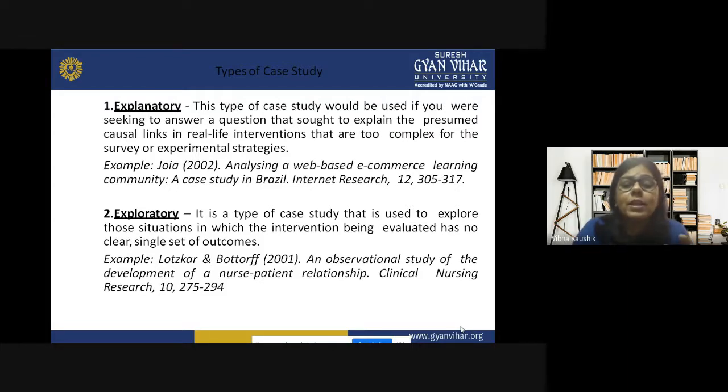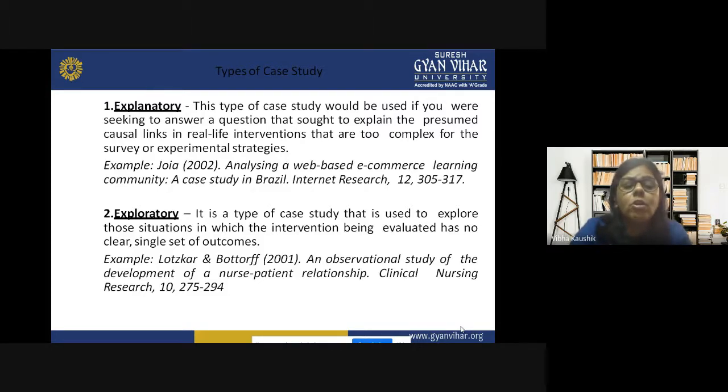It is a type of case study used to explore situations in which the intervention being evaluated has no clear and single set of outcomes.